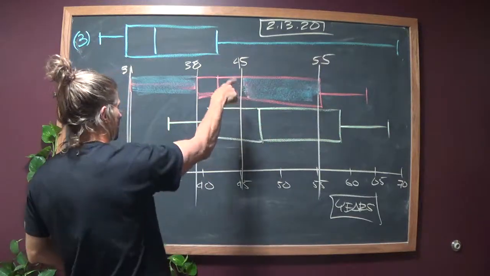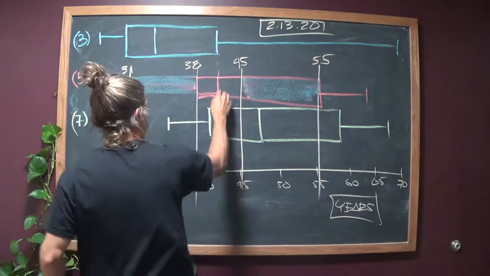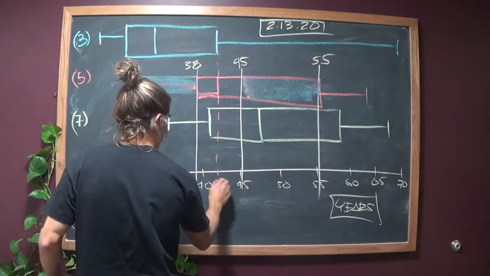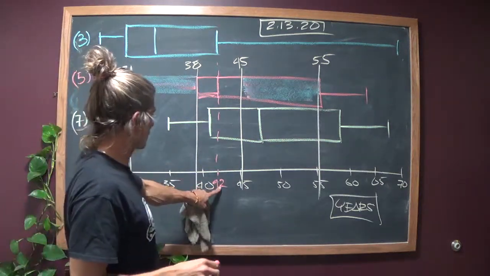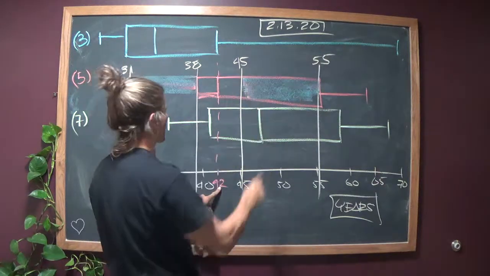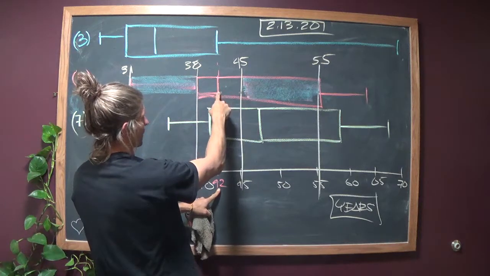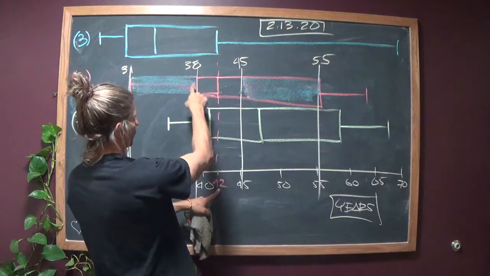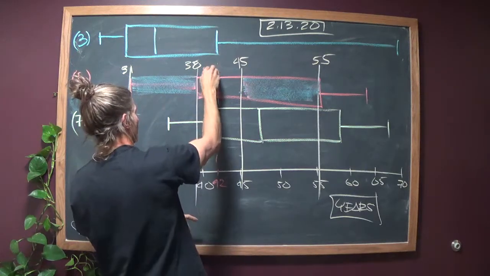The only way this could contain 25% would be, let's give that median a value of 42, okay? The only way this thing could contain 25% is if you go from 45 to 42, that's down 3. 42 down 3 would be 39. So 39 would be here.